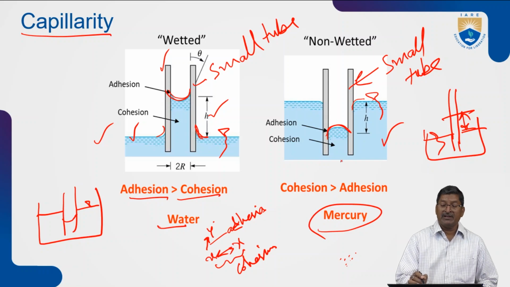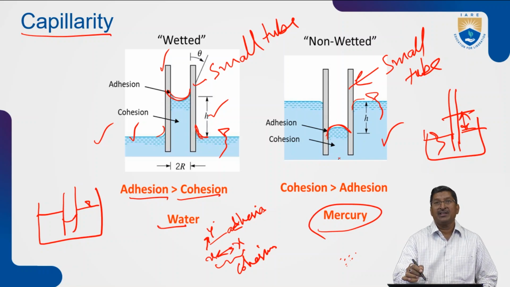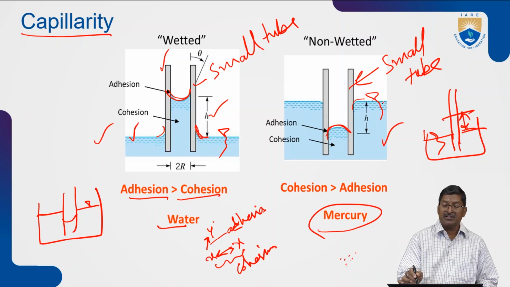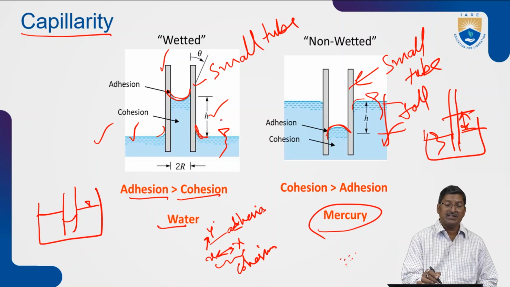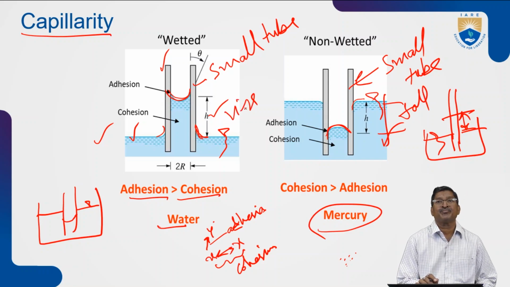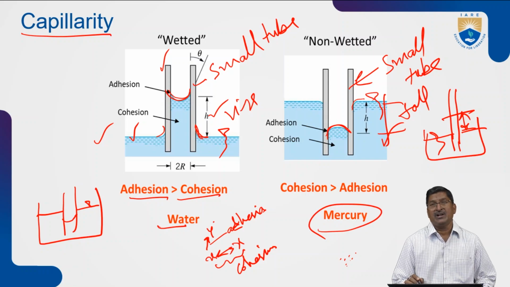So there will be a fall in the surface level of the liquid inside the small tube compared to outside, which is called a capillary fall. So this height is called capillary fall. This one is called capillary rise. So water has capillary rise, whereas mercury shows the capillary fall.